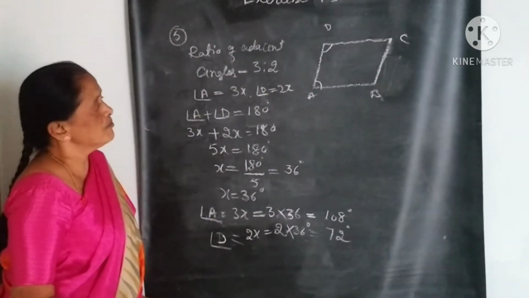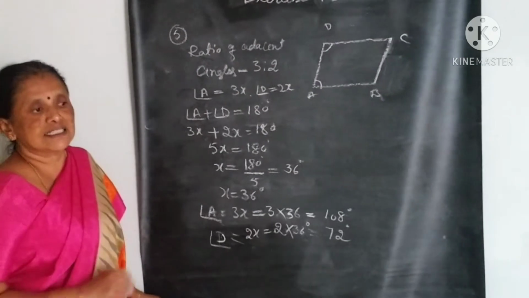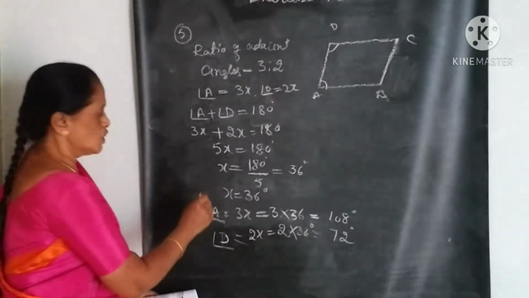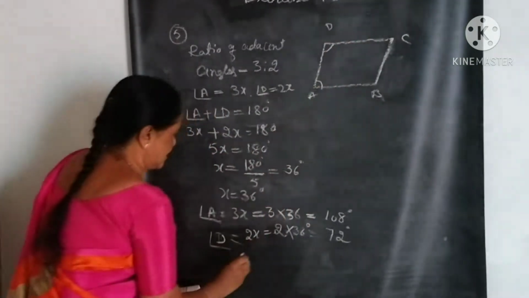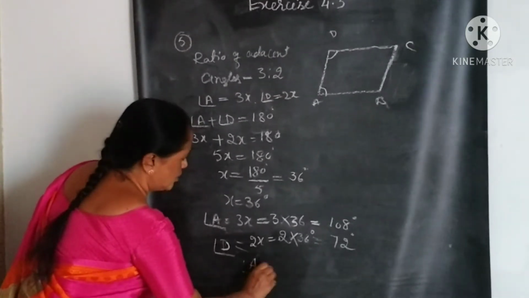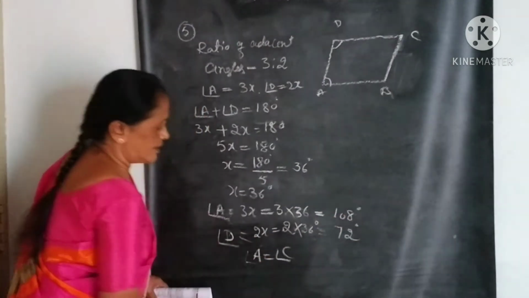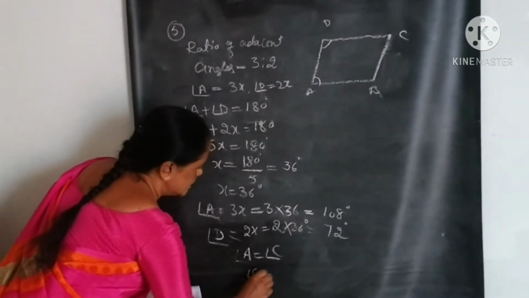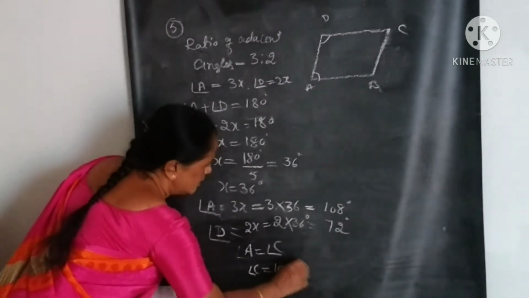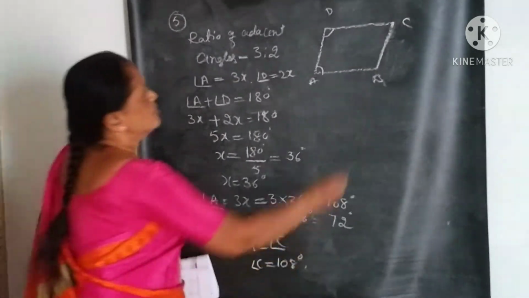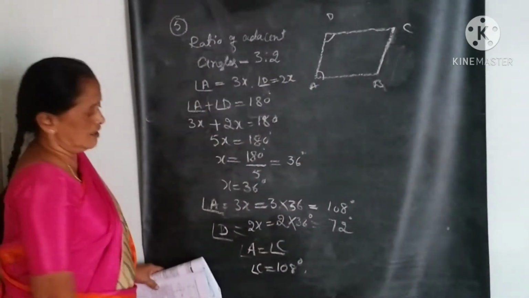In a parallelogram, we already know that opposite angles are equal. So A and C are opposites. Angle A is equal to angle C. We already know the value of A, that is 108. So angle C is equal to 108. Similarly, B and D are the opposite angles.